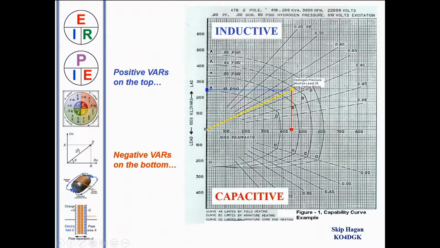Now, for this generator, we're carrying 40 pounds of hydrogen, and as long as we stay inside this D curve here, we don't have to worry about overheating the equipment. But watch what happens if we had 0 VARS.